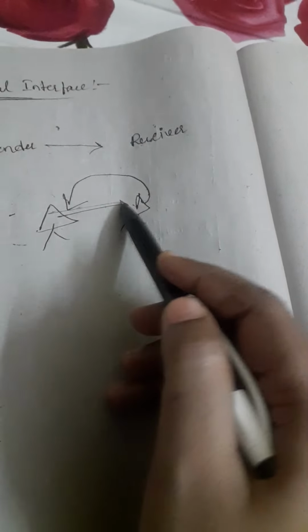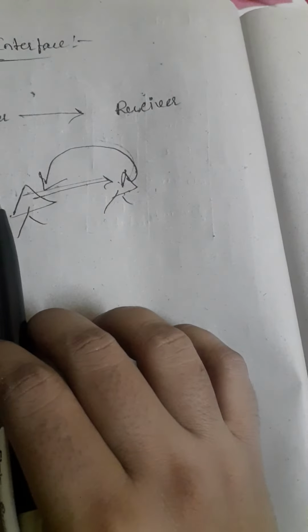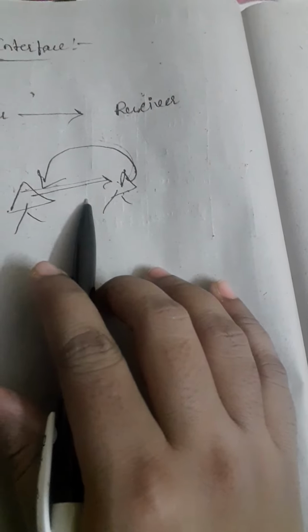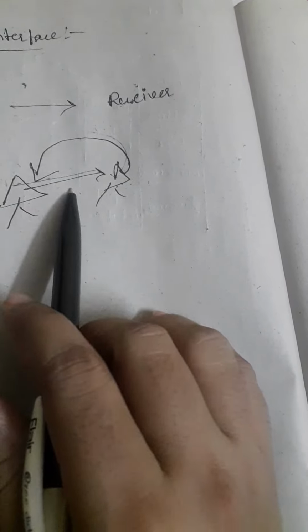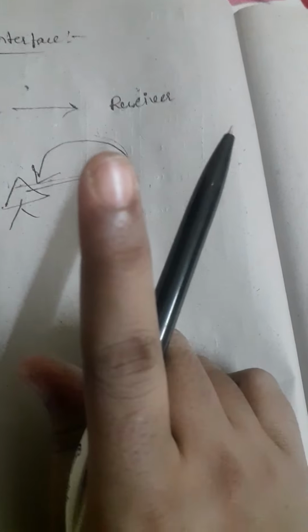So that means sending and resending the data, and two-way communication is possible here. But if the computers make use of serial ports, they can transfer data only one bit at a time. That is the first point.